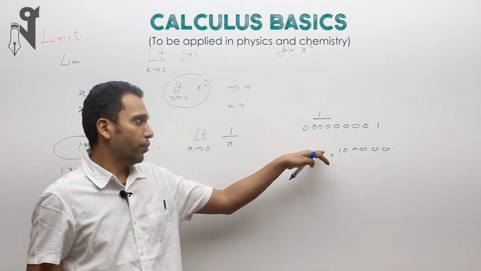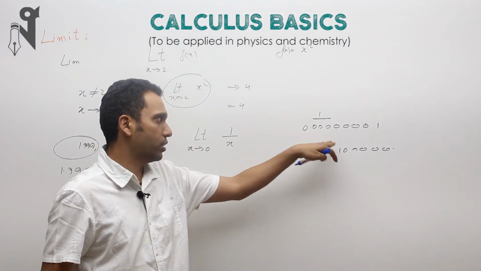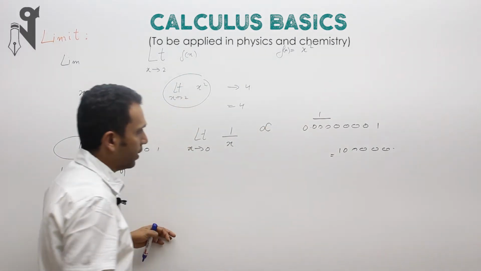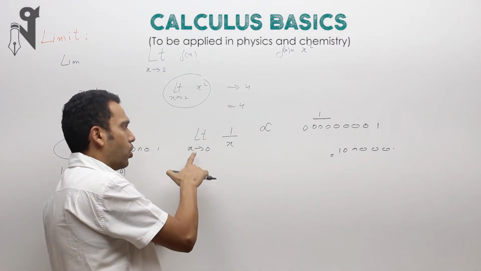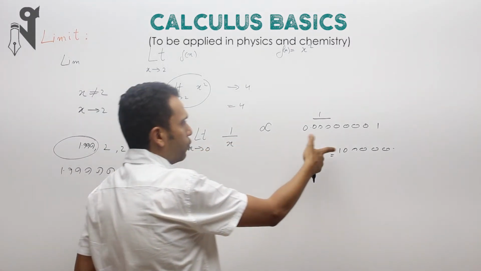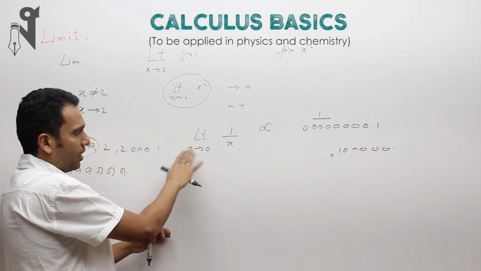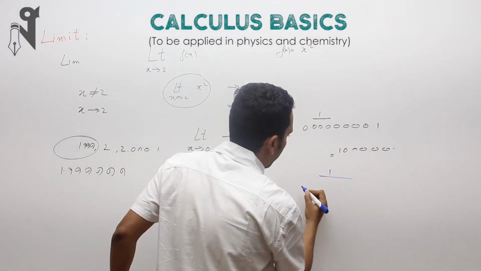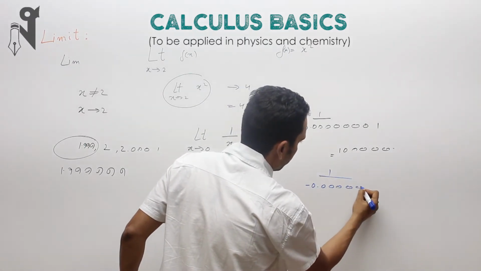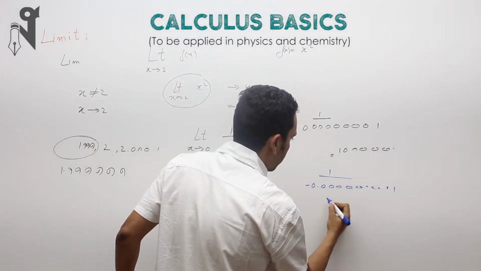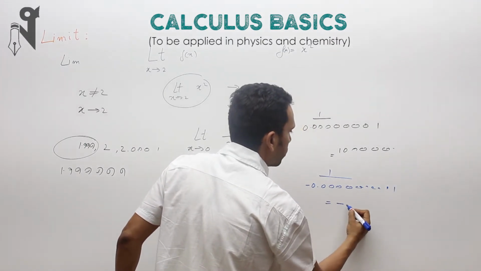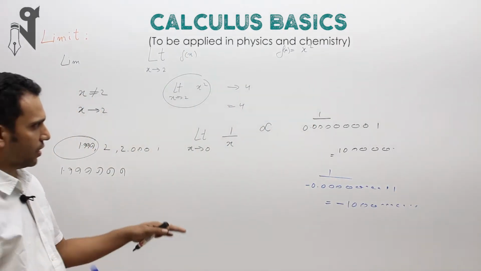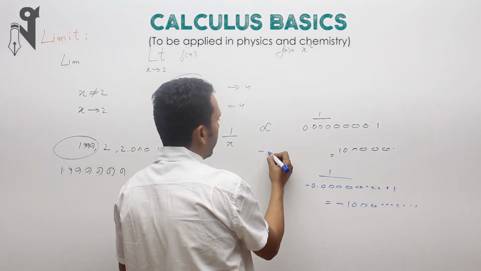So it's a very large number, so the lower this number goes, this tends to infinity, so I can say my answer is infinity. But am I right? I am not, because if x was tending to 0 from the other side, that is from the left hand side of 0, the answer would have been 1 by minus 0.00000001, and hence equal to minus of a very large number, lots of zeros, I'm not counting the zeros over here, a very large number, and hence would have been a minus infinity.